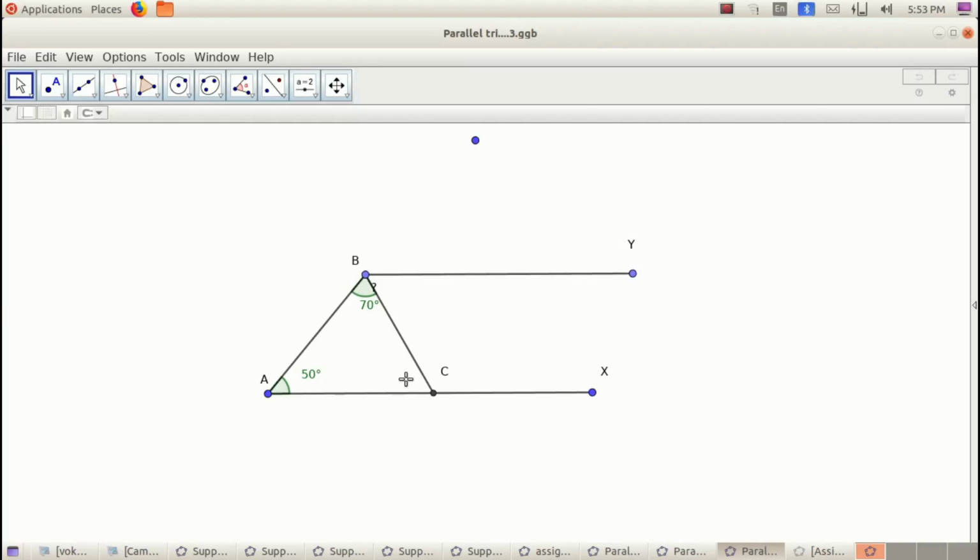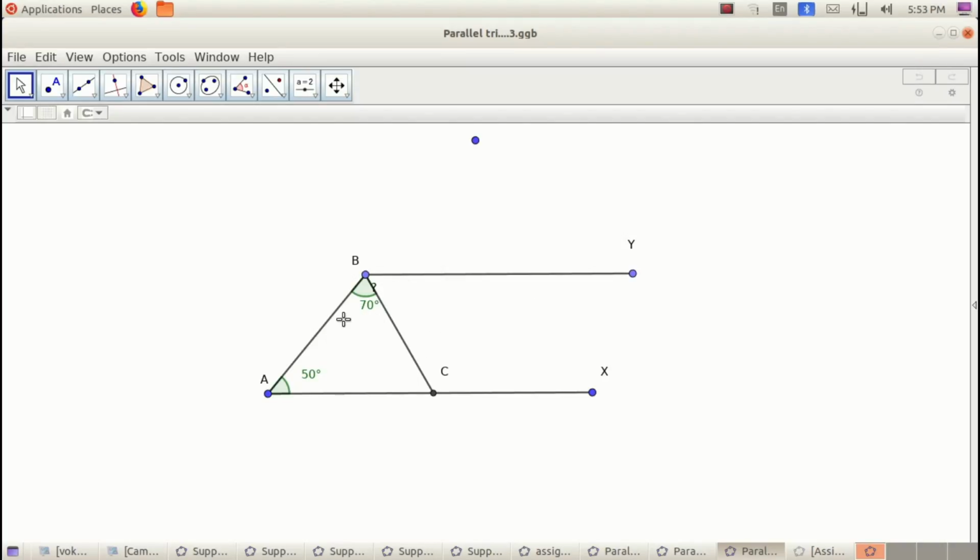We can say very easily total 180, and we can subtract the sum of these two angles from 180, we will get it. But here we are proving this angle measurement by using this parallel line.